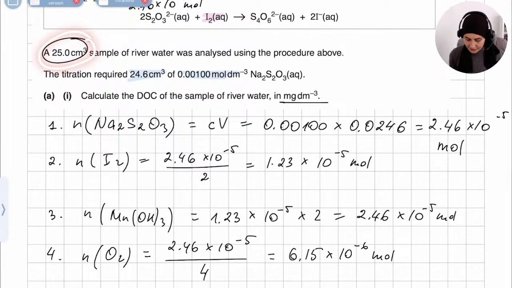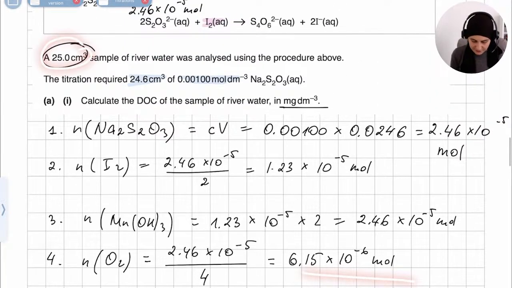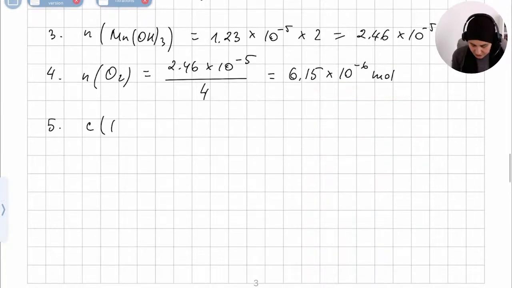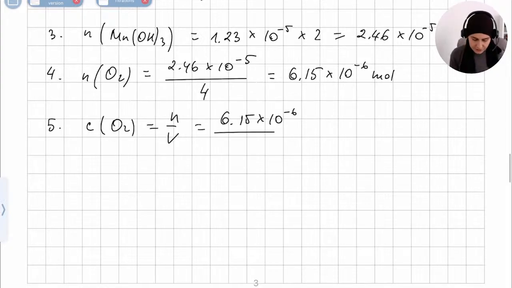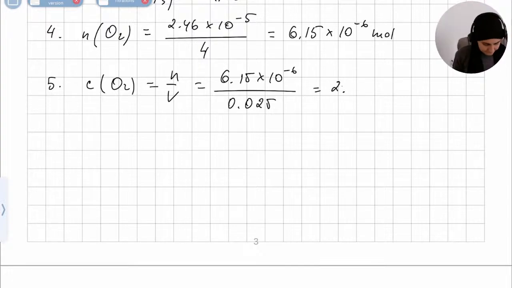I know the moles of oxygen in that volume, so I can find the concentration of oxygen as moles over volume first. 6.15 times 10 to the minus 6, the volume is 25, so in cubic decimeters it's 0.025, which is 246 times 10 to the negative 4 mole per cubic decimeter.